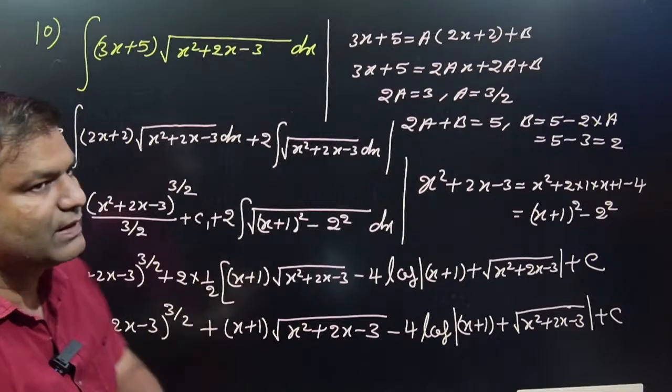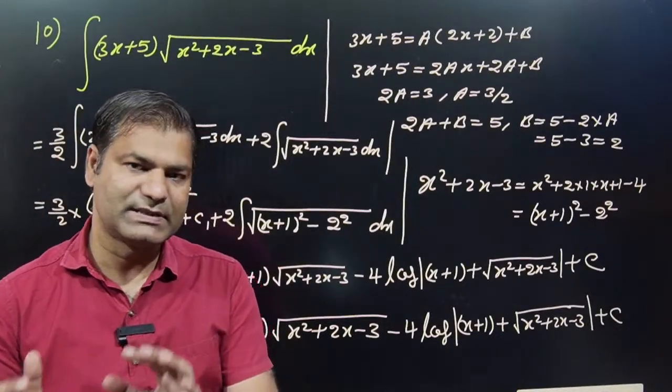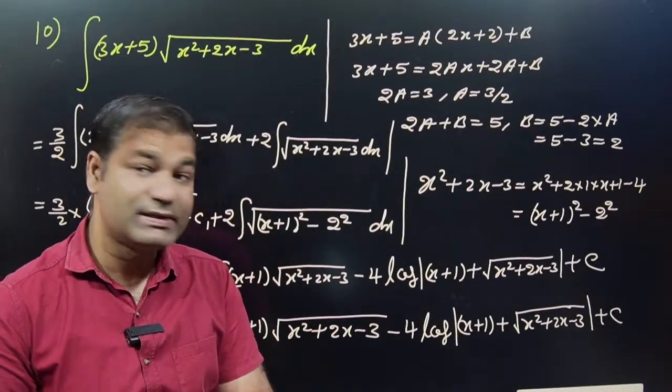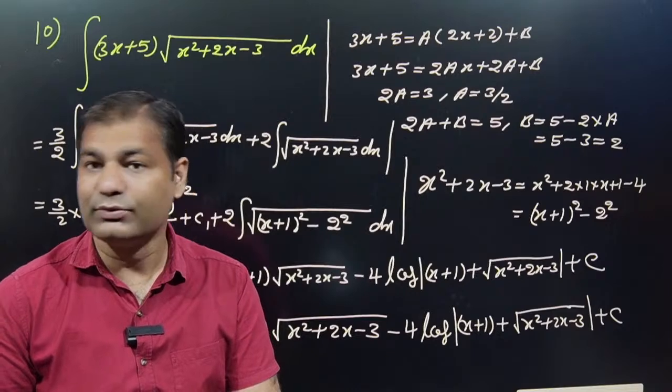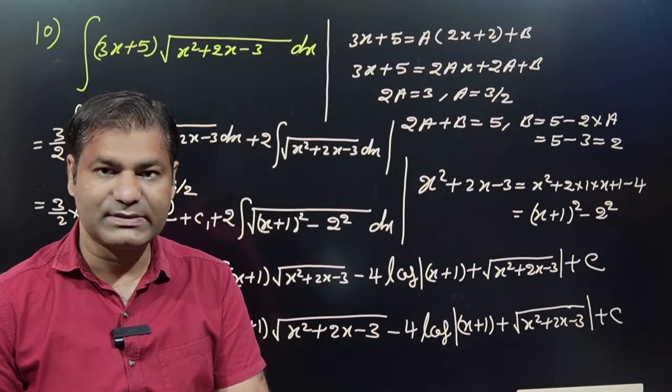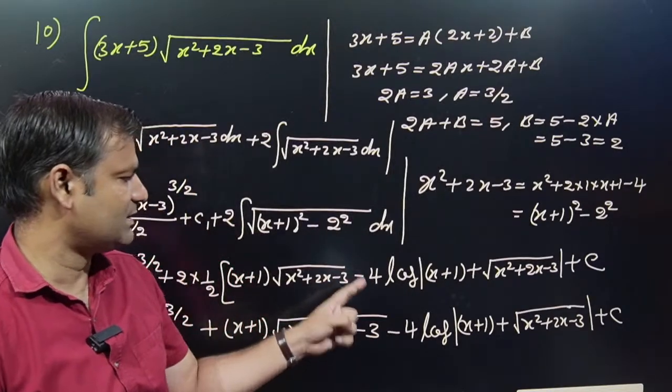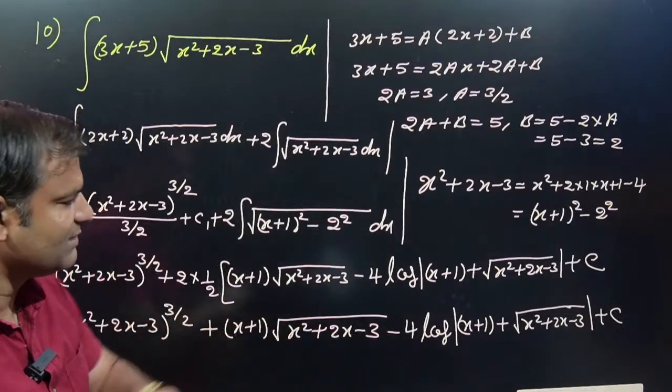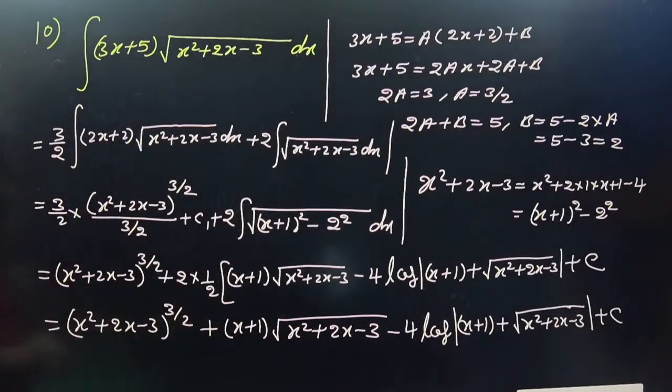Okay, the integration of under root of x square minus a square is written as 1/2 into x under root x square minus a square minus a square, so that's why it is written minus here. Okay, silly mistake, that's why. I hope it is clear.